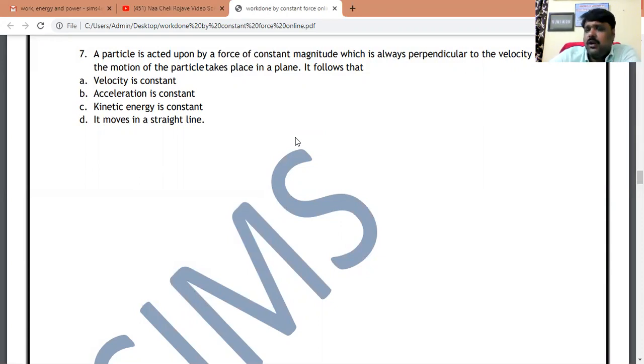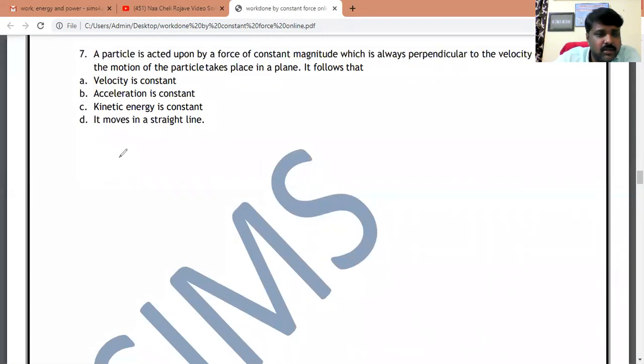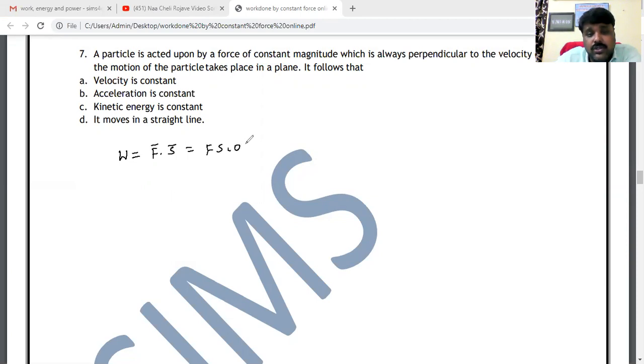Okay, first of all, let us go back to the definition of work. Work is given by the dot product of force and displacement, that is Fs cos theta. Now, in this particular question, the force is of constant magnitude and always perpendicular to the velocity.